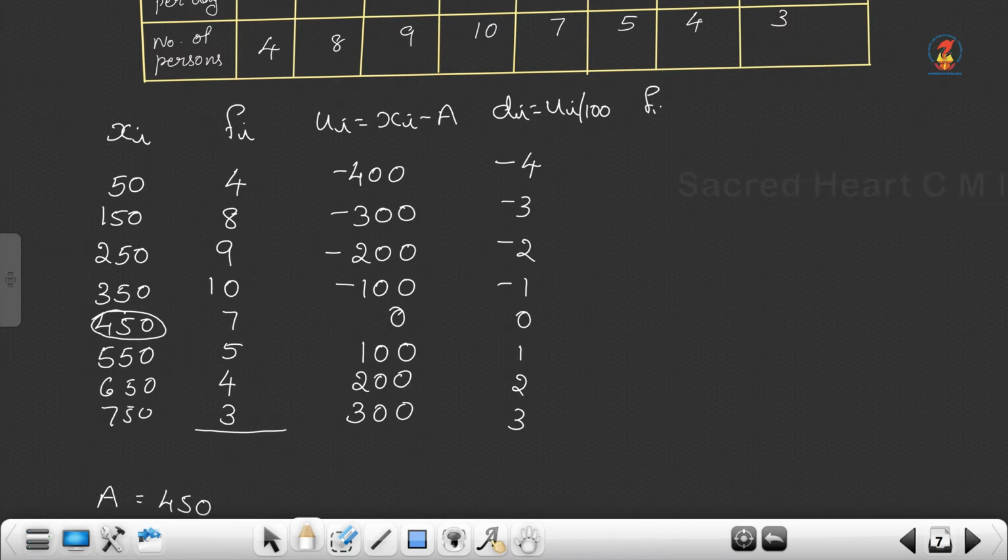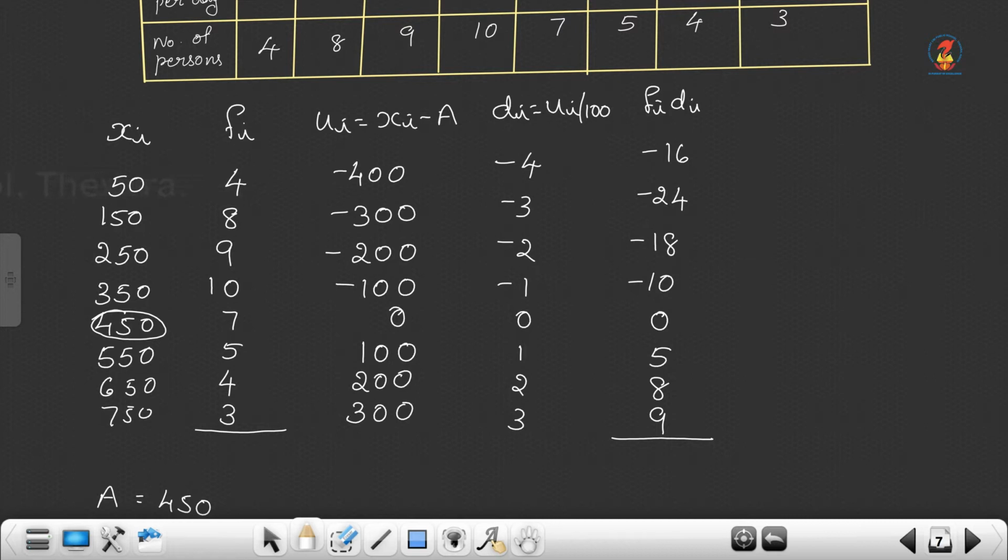Then fi into di. So 4 into minus 4 is minus 16, then 8 into minus 3 is minus 24, 9 into minus 2 is minus 18, minus 10, 0, 5, 8 and 9. Here you have to find the sum, and this also.